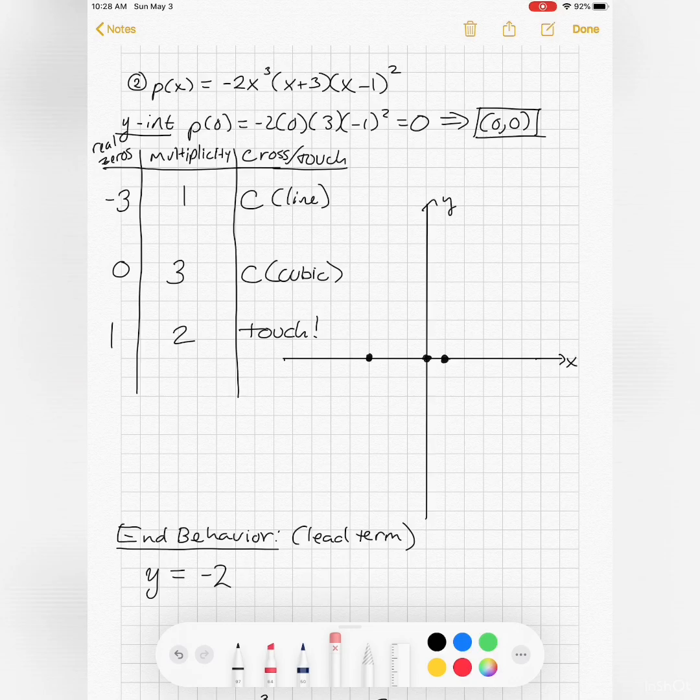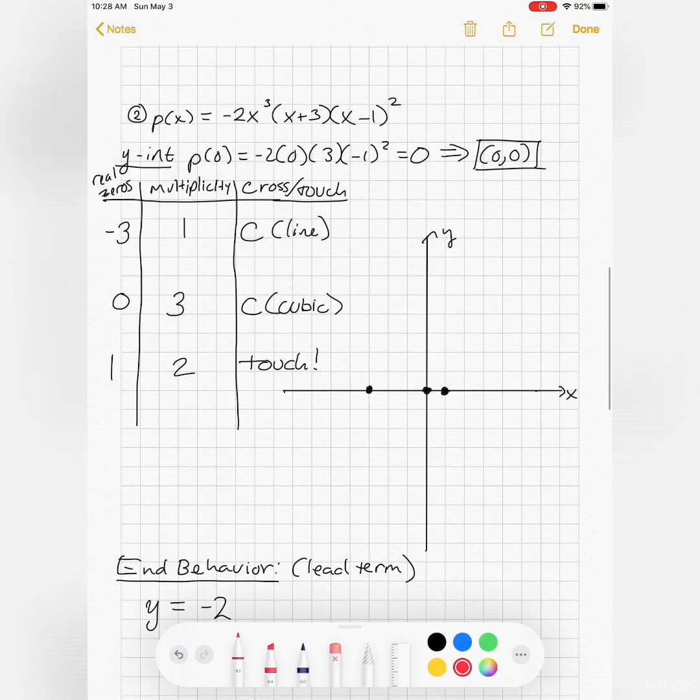To get the leading term, I have to think about what the expanded polynomial would look like. I'd have a -2x cubed, then an x to the 1 and an x squared, right? So wouldn't the leading term actually be negative 2x to the 6th? That's very important.